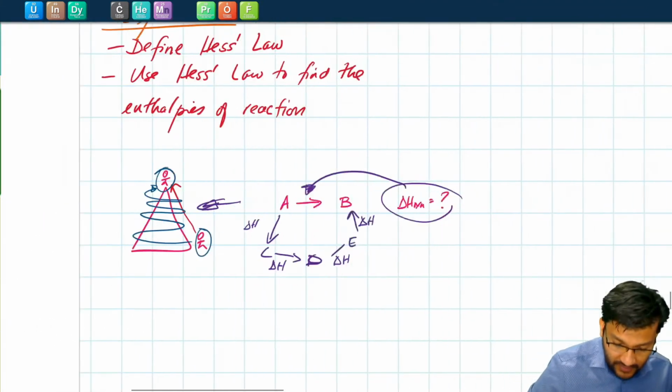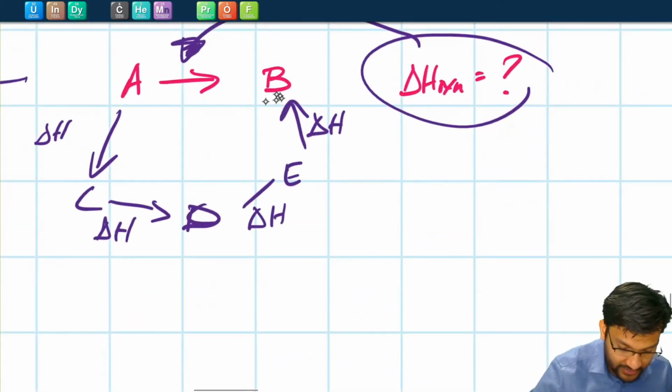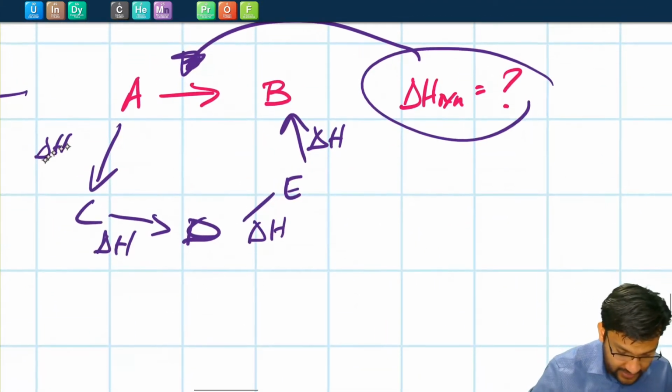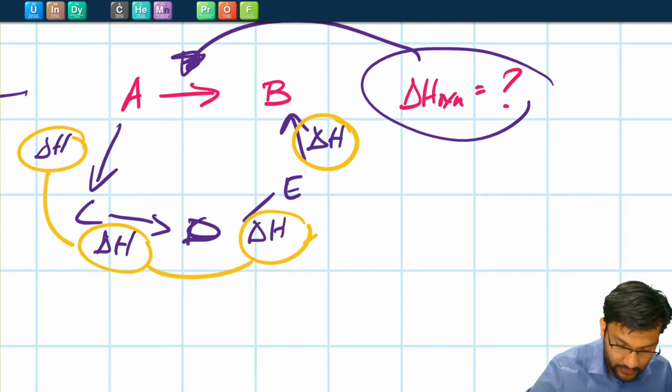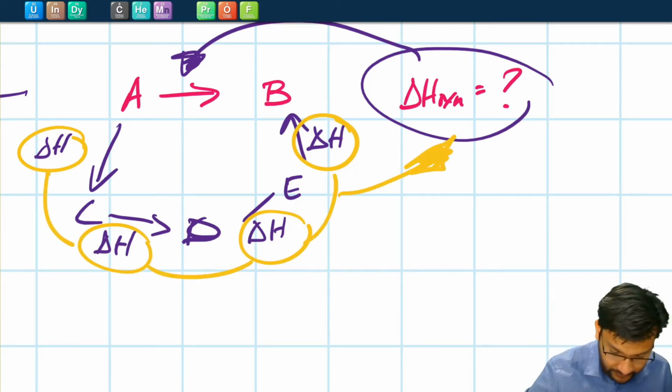So in the case of this reaction, A going to B, if we couldn't figure that out, we just add up all of the enthalpies for the individual steps, and we should get the total enthalpy for that reaction.